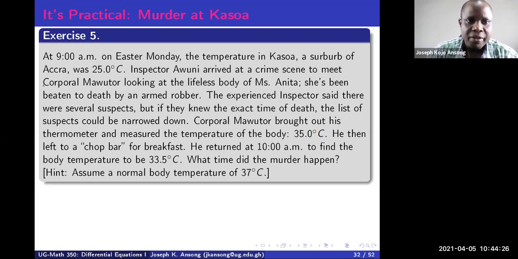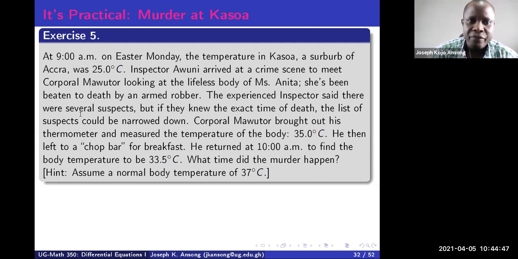This says that at 9 a.m. on Easter Monday, the temperature in Kaswa, a suburb of Accra, was 25 degrees Celsius. Inspector Awuni arrived at a crime scene to meet Corporal Mauto, looking at the lifeless body of Miss Anita.